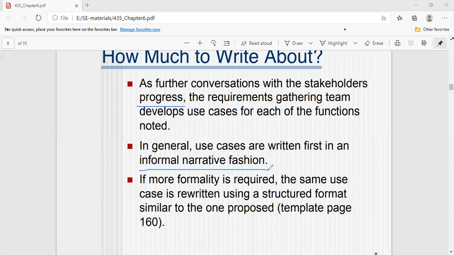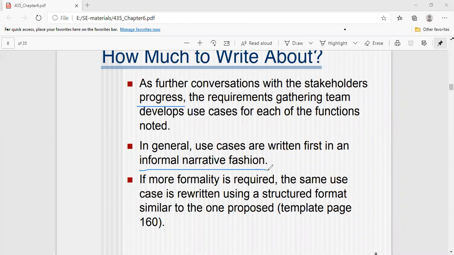You should draw some rough diagrams and ask the stakeholders whether these are the features asked by you or not. Like that, you should take the permission of a stakeholder. Then you should work on the total things fairly.